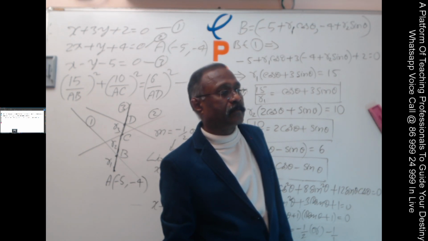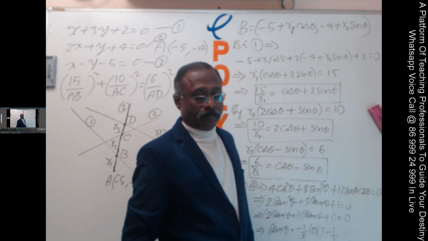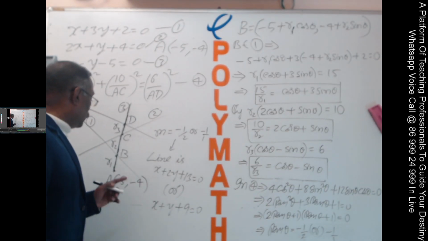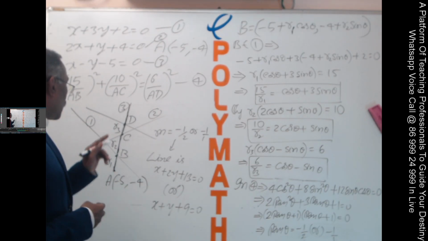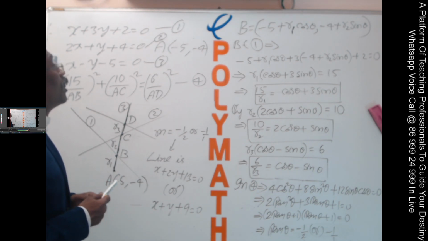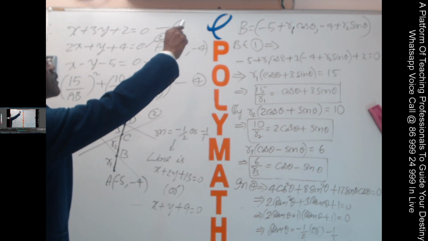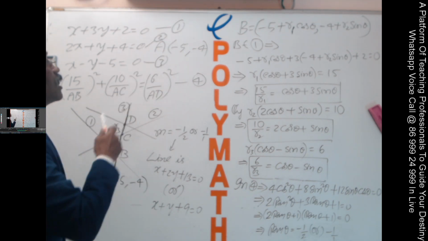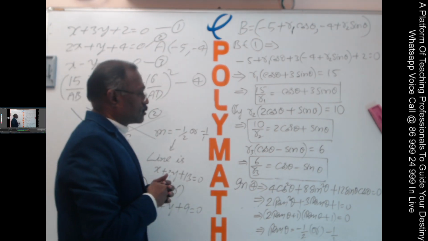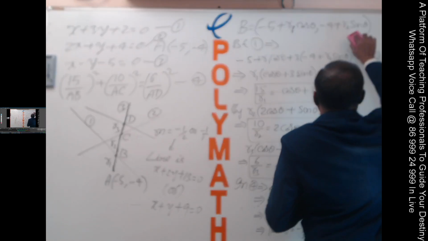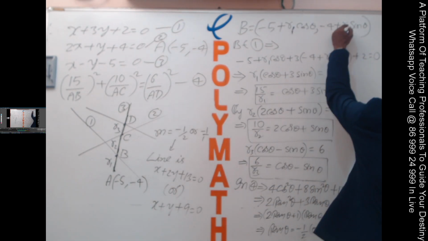Let me check. We have taken this distance as r1, this as r2, this as r3, and the point we have written to be minus 5 plus r1 cos theta, minus 4 plus r1 sin theta.